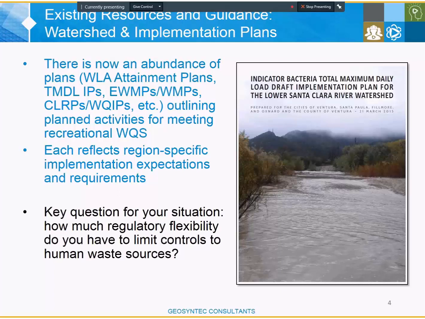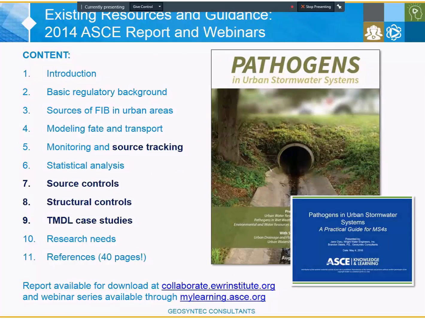Another guidance that we produced, where I was co-editor with Dr. Pitt from the University of Alabama and Jane Clary from Wright Water Engineers, is the Pathogens in Urban Stormwater Systems report. It's a guidance manual written for the American Society of Civil Engineers, Environmental and Water Resources Institute, and the content is shown here in the table of contents.